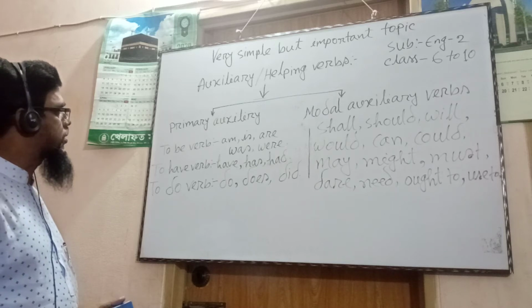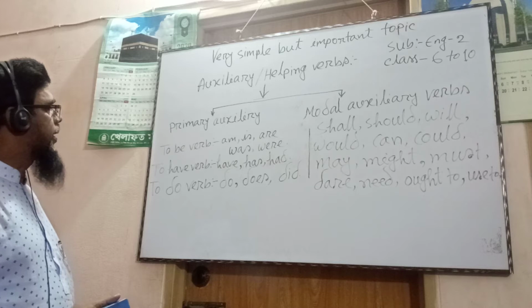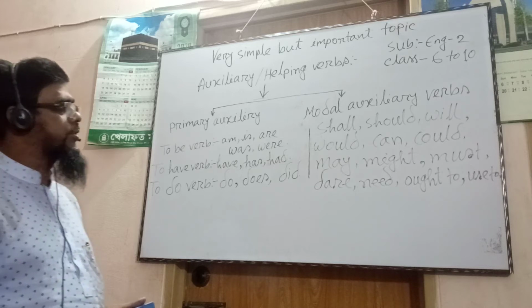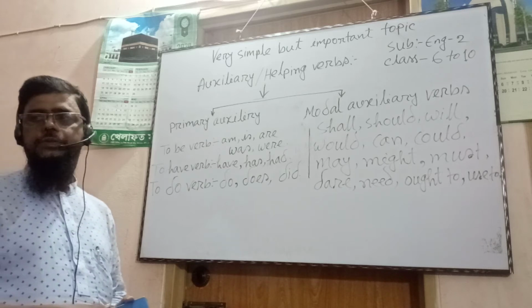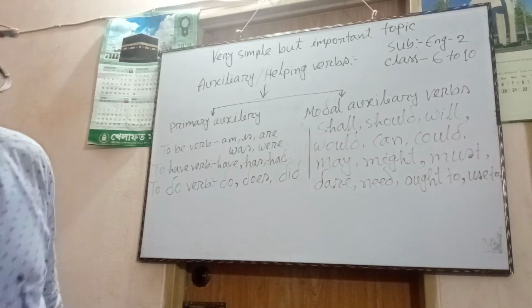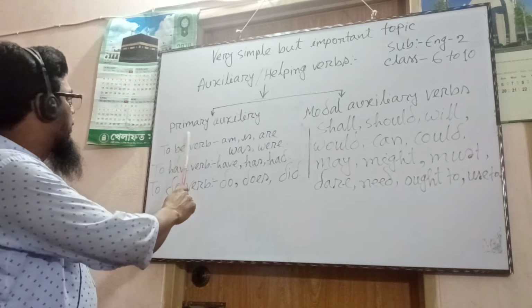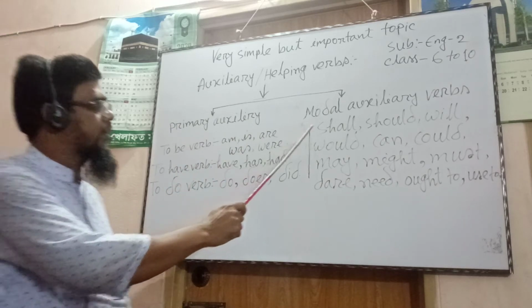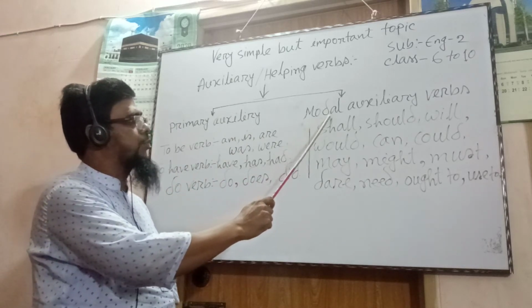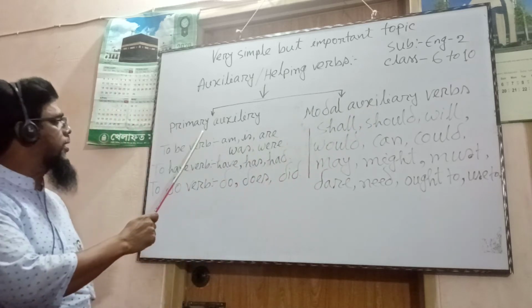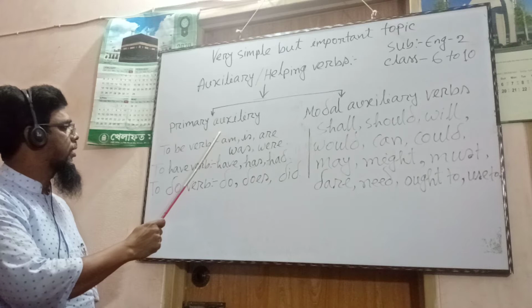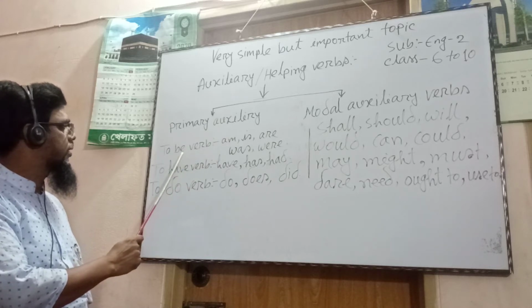Auxiliary verbs are mainly two types. One is primary auxiliary and another is modal auxiliary. Primary auxiliary are three types.